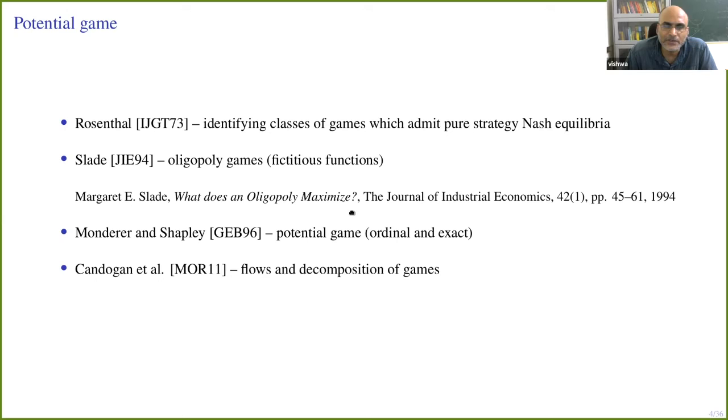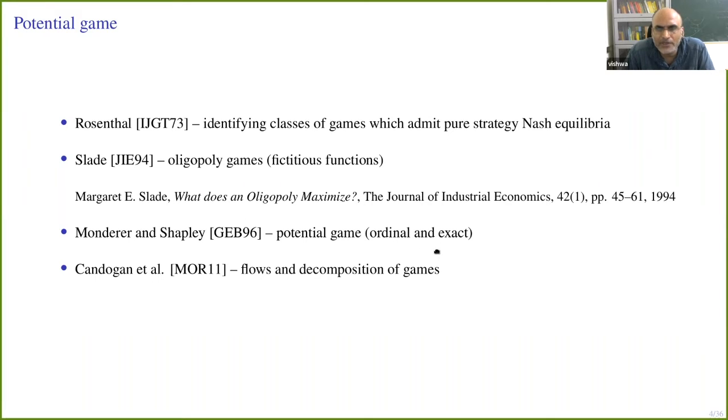So Margaret Strait was looking at ways to obtain the equilibrium through an optimization problem. Especially the functions whose minimizers provide Nash equilibria were called fictitious functions in this paper.